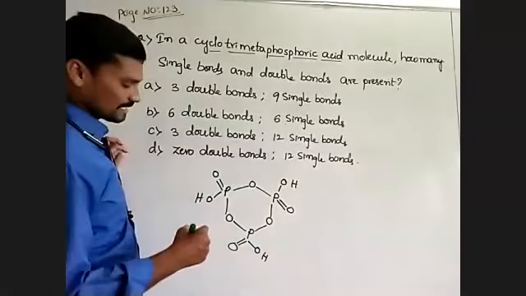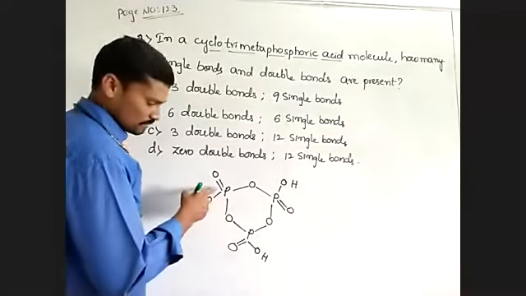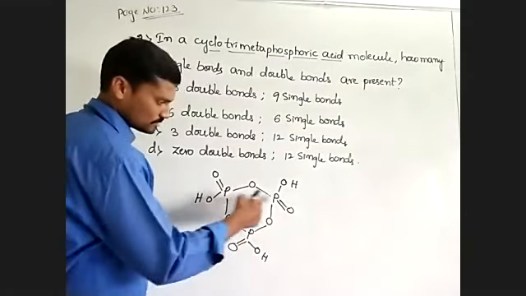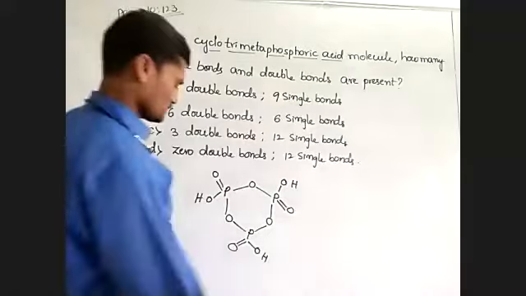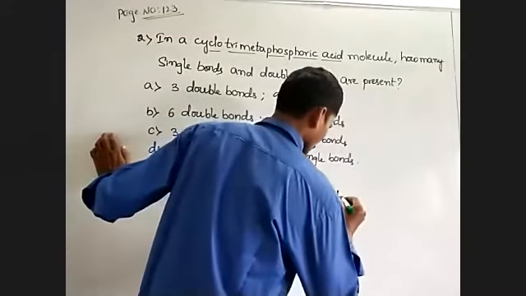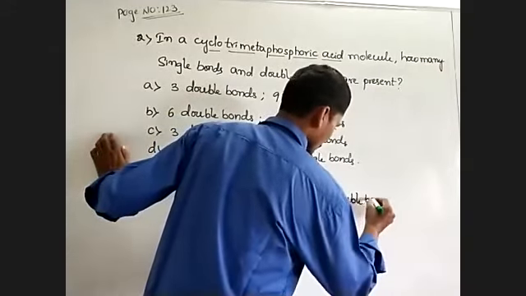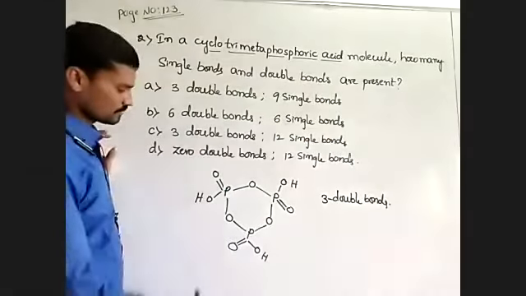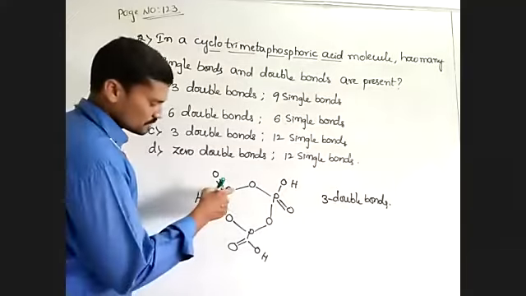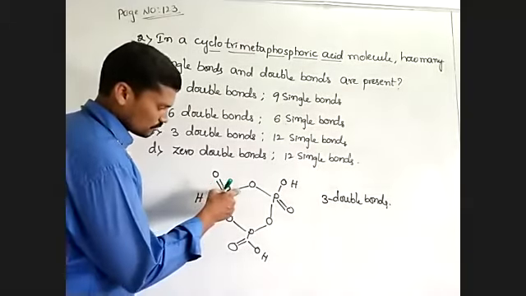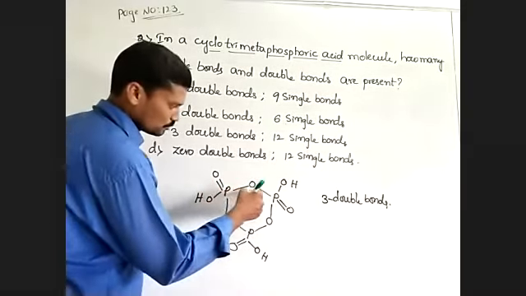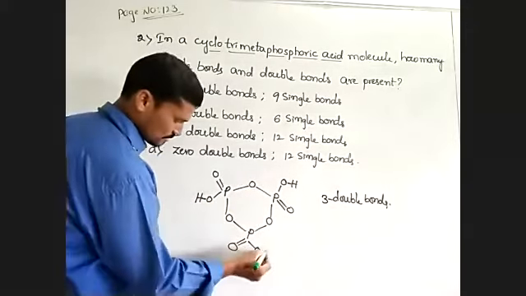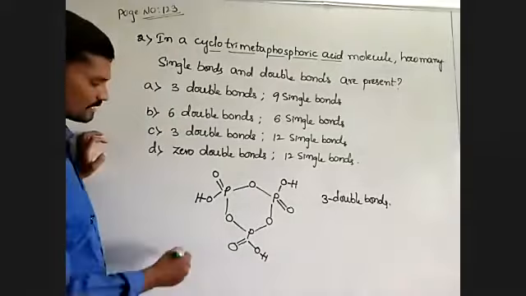So first of all, you can calculate the double bonds now. 1, 2, 3. 3 double bonds are present here. Next one, single bonds. 1, 2, 3, 4, here like this. This is also having single bonds here.